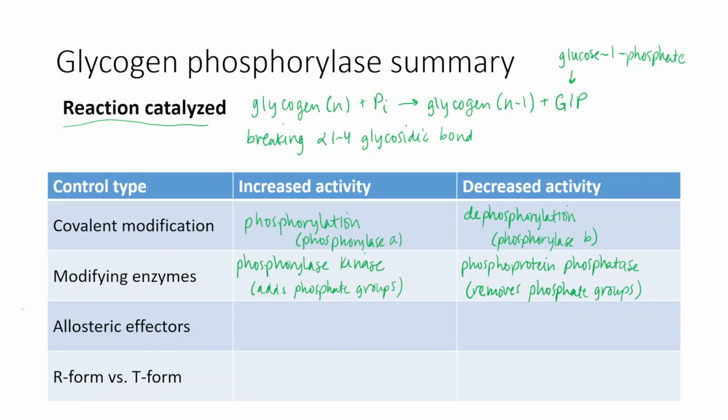And the short name for phosphoprotein phosphatase is often just called PP1. So you are welcome to call it PP1 instead of phosphoprotein phosphatase, because that's a lot to say. That's a 1, not an I.